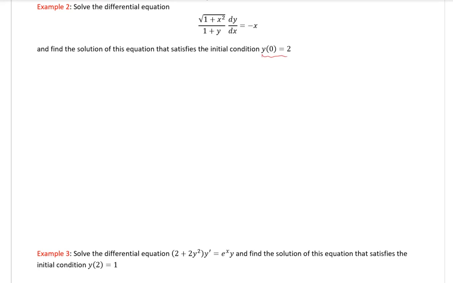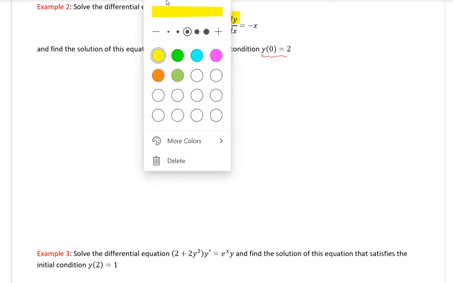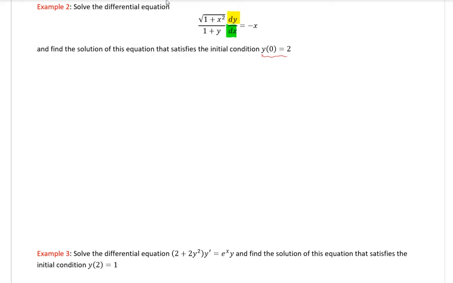Already, I have dy on top. So I'm probably going to keep dy and y's on the left-hand side there, and the other variable, dx, I'm going to move to the right-hand side. So since I see dx on the bottom, that indicates that the dx's should be flipped over to the other side.